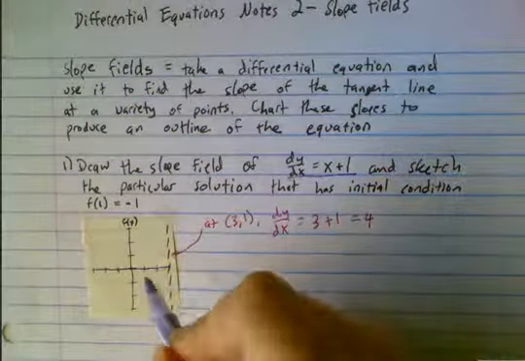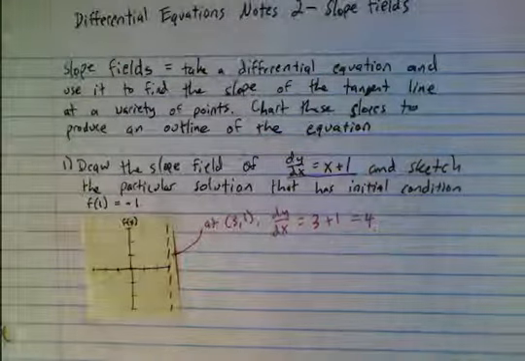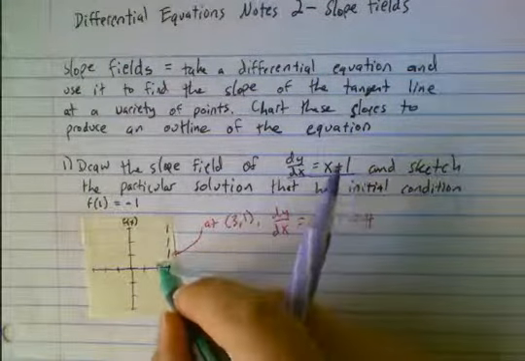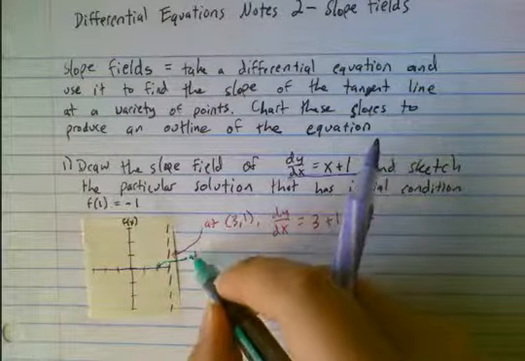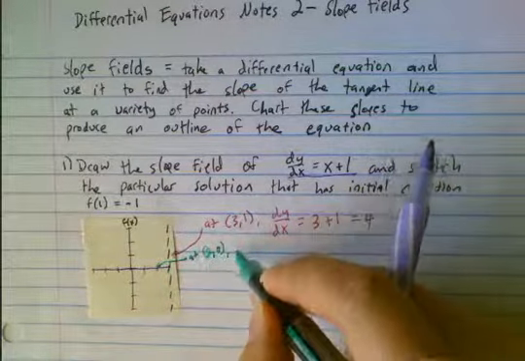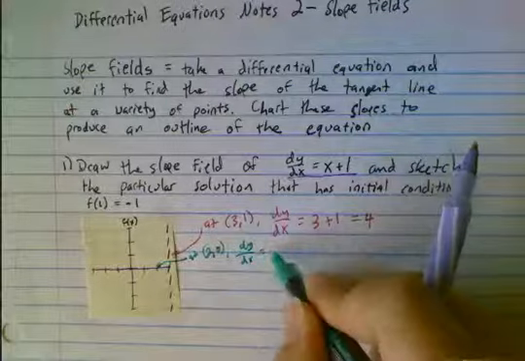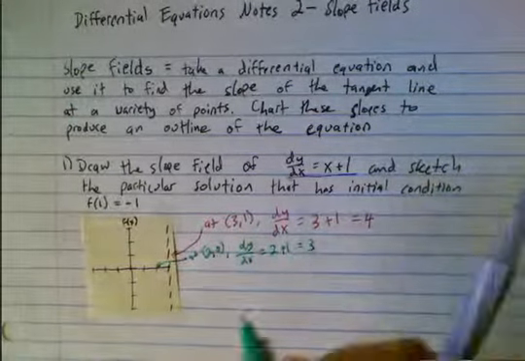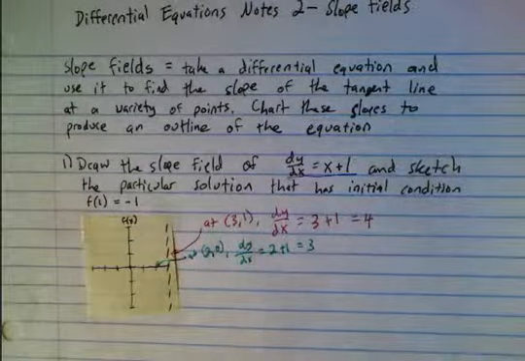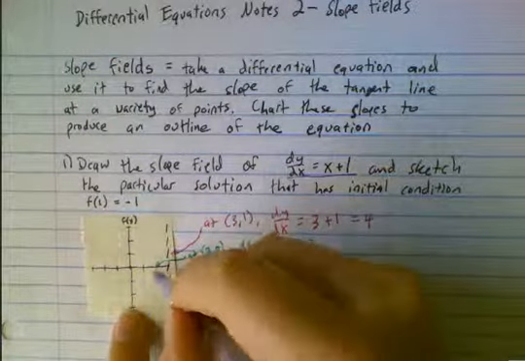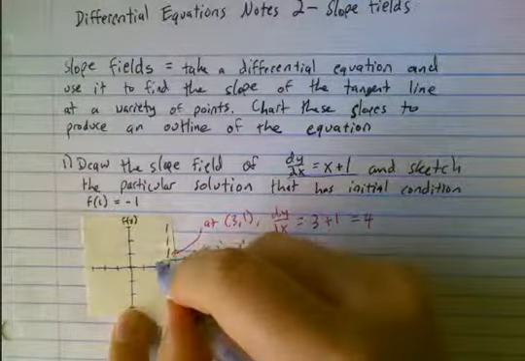And then if I come over here, it's x plus 1, it's going to be 2 plus 1, that's going to equal 3. So a similar slope, up 1, 2, 3 over 1, so it's going to be something like that.